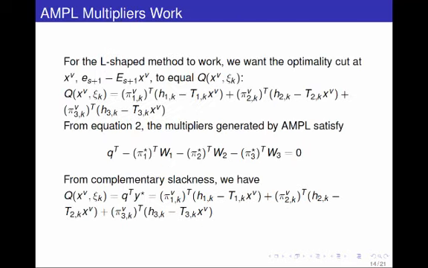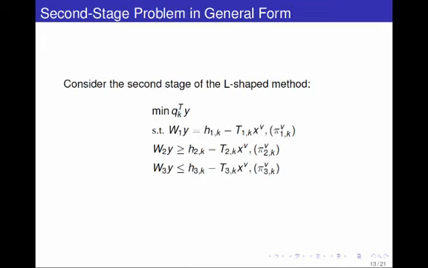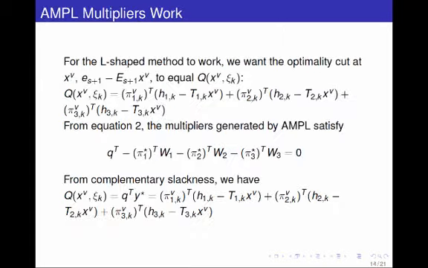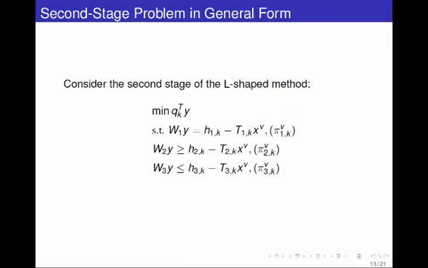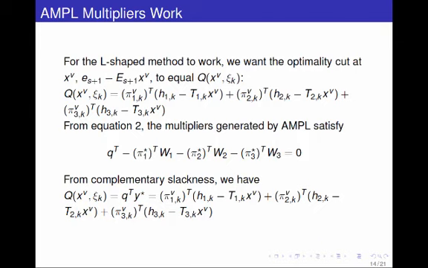So the crucial thing for the L-shaped algorithm to work is this optimality cut. I'll do it from the slide. In the L-shaped algorithm, you compute an optimality cut, and the recipe is this one: e_{s+1} minus the coefficient E_{s+1} times x^v.